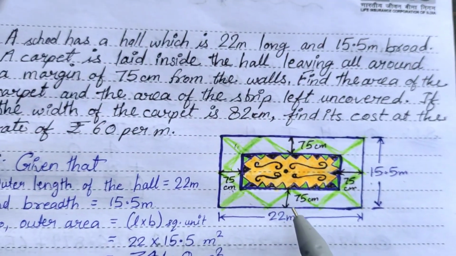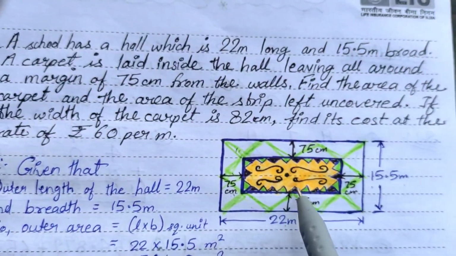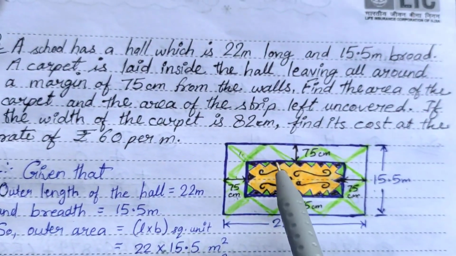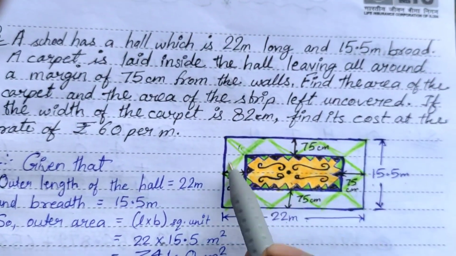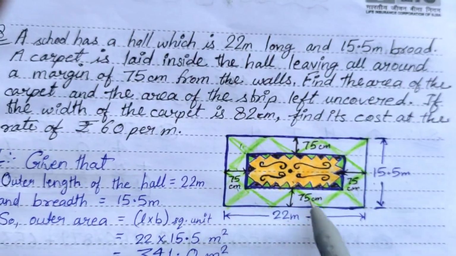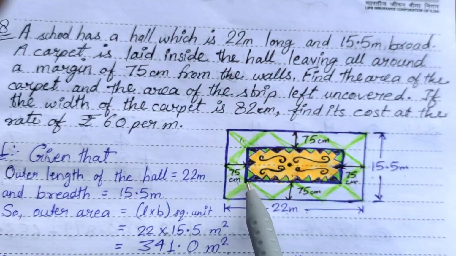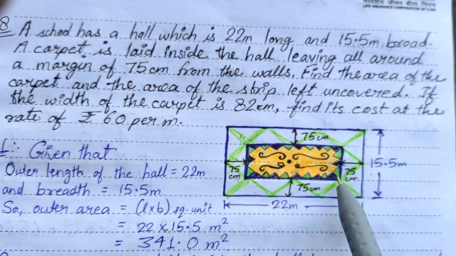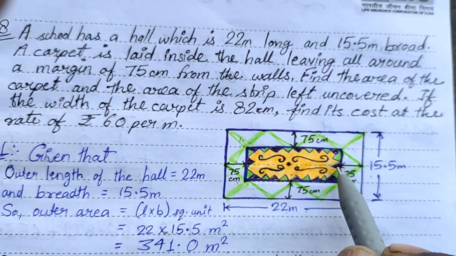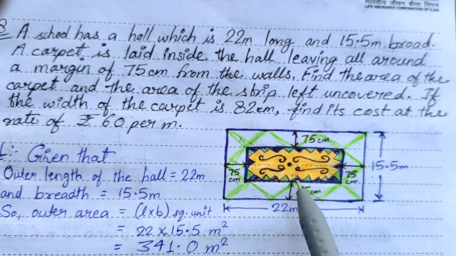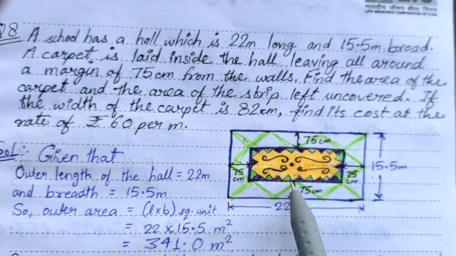So we have to find the area of this carpet, and also we have to find the uncovered area, this area, uncovered area, or say this path. So first we have to find the inner length and inner breadth, or say area of the carpet, or say length of the carpet. Now see the solution.